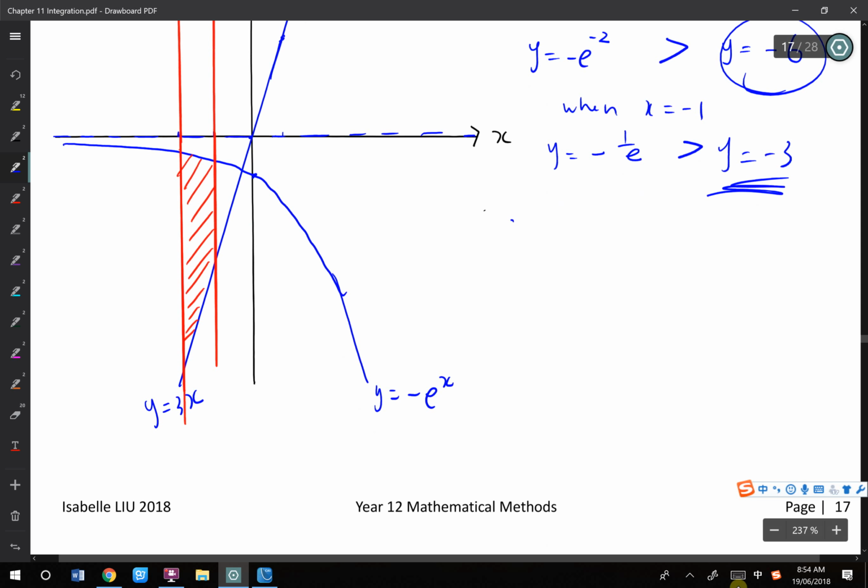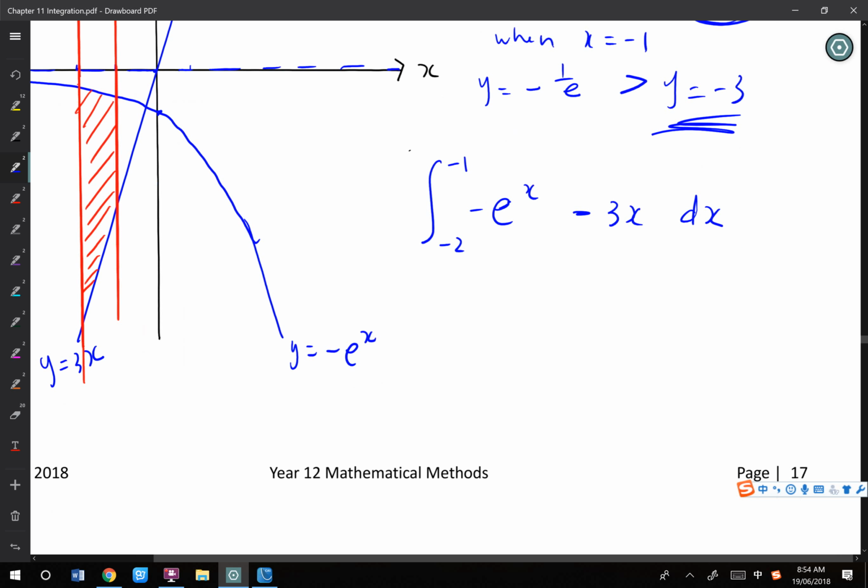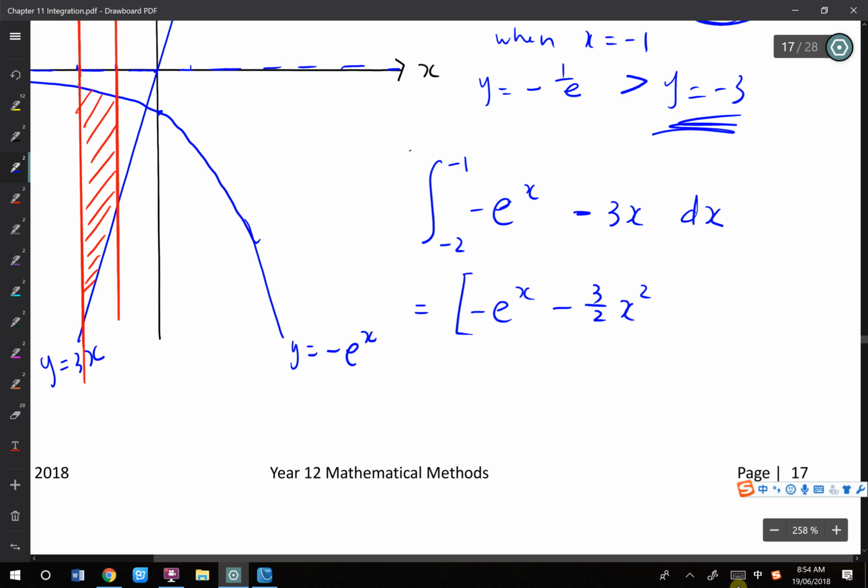So all I need to do is -2 to -1, minus e to the x minus 3x dx. So I will have minus e to the x minus 3 over 2 x squared to integral that.